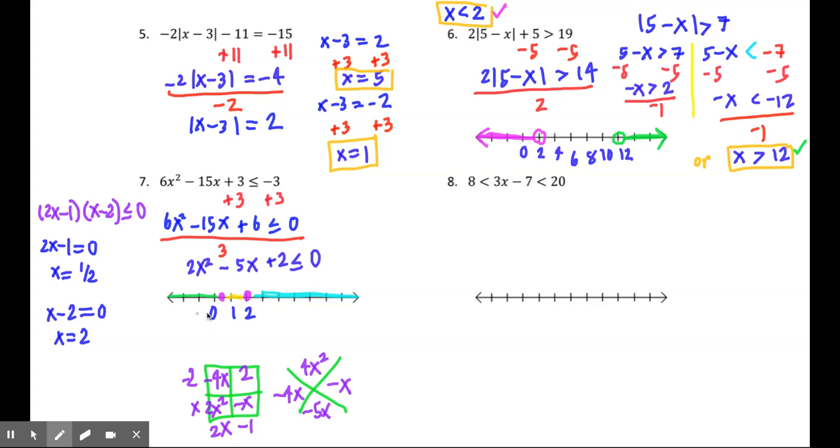So we want to pick a number that's easy to plug in. So like here, if we plug in 0, for example, we plug it into this one, right? We're going to get negative in our first parentheses and negative in our second parentheses. So it makes the whole thing positive.